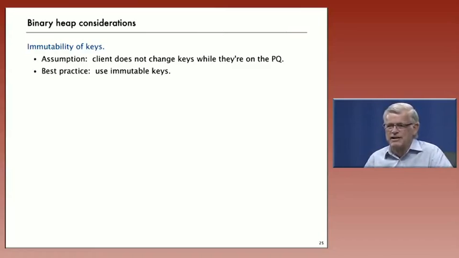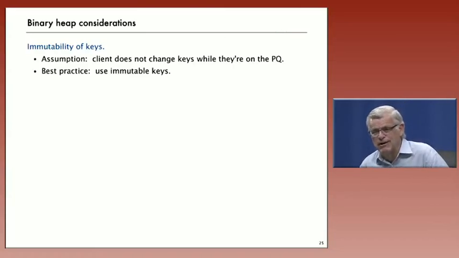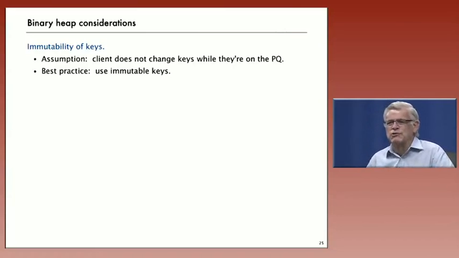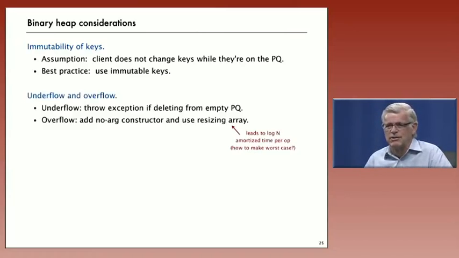We're assuming that the client doesn't get to change the keys while they're on the priority queue. And it's better not to assume that. It's better to arrange for that in our implementations by using keys that are immutable, whose values don't change. There are many reasons for immutable keys, and programming languages provide the capability to build immutable keys, and this is a fine example of one.